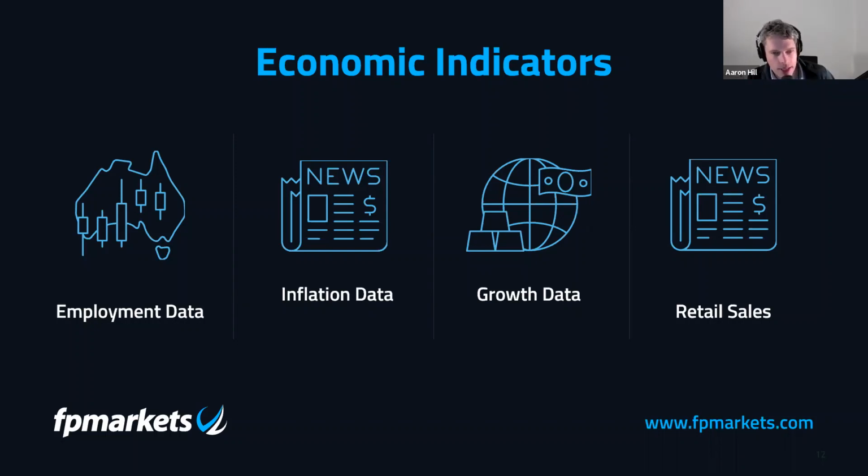So widely followed indicators are, as you can see here, employment data and inflation data. When I say employment data, you will probably be aware of the most popular one, the US Employment Situation Report, which has the non-farm payrolls number, which is widely followed. Then we have inflation data, so CPI, PPI, the Consumer Price Index. Then we have growth data, which is the gross domestic product, or GDP.